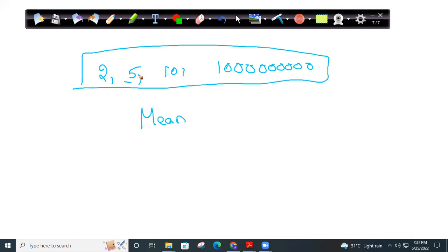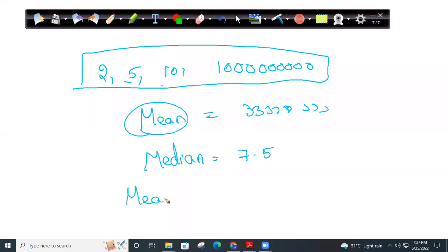They give everything in a word problem where students even struggle to understand the question. So I need to find mean and median of this. Median is simple, 7.5, but mean will be some very big number. So please do remember, most important point, if the mean of the set is way greater than the median, when will it happen?